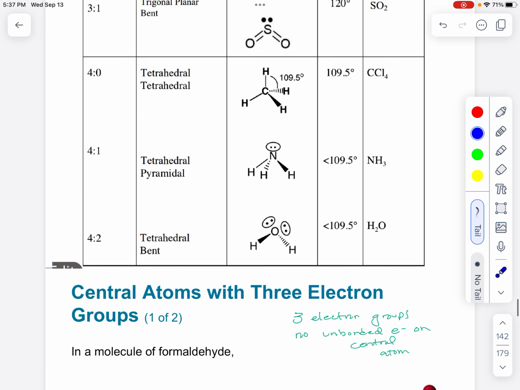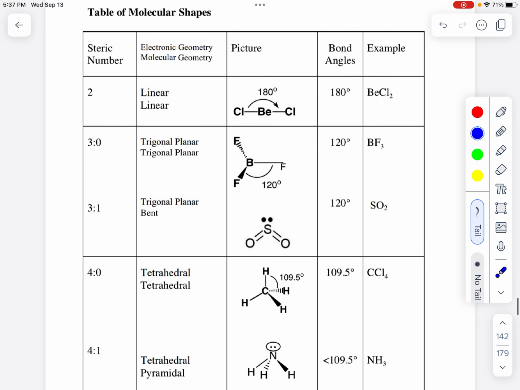And if I go back to this table, this is trigonal planar. The electronic geometry is trigonal planar because there's 3 atoms around it, no unbonded pair, and so we say 3, 0. This molecule, SO2, has 2 bonds and 1 unbonded pair, so we say it's got a steric number of 3, but 1 pair of unbonded electrons on the central atom.